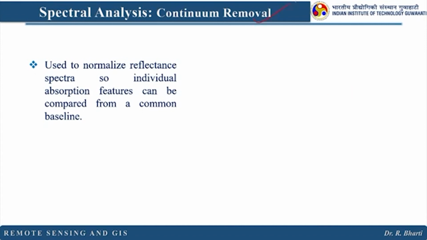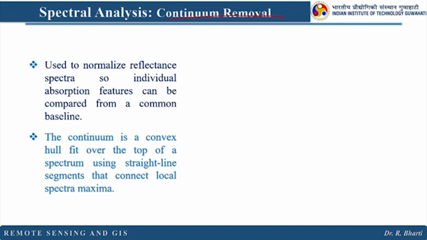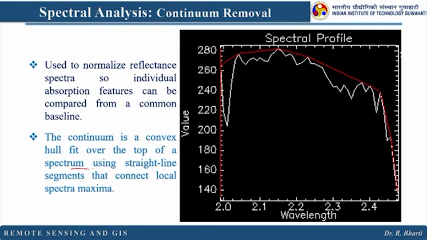Here, continuum removal is one of the best techniques to normalize this reflectance spectra, so individual absorption features can be compared from a common baseline. The continuum is a convex hull fit over the top of a spectrum, using straight line segments that connect local spectral maxima.